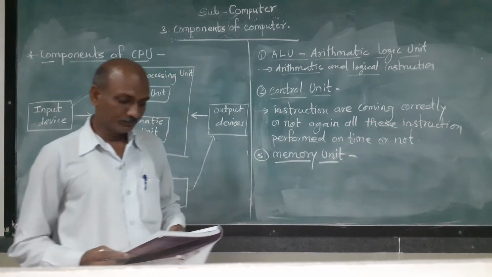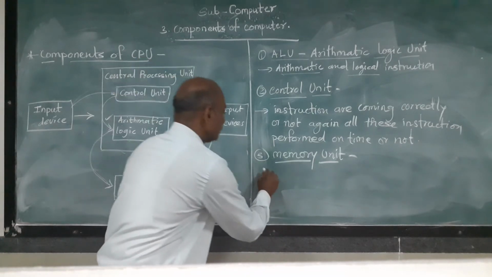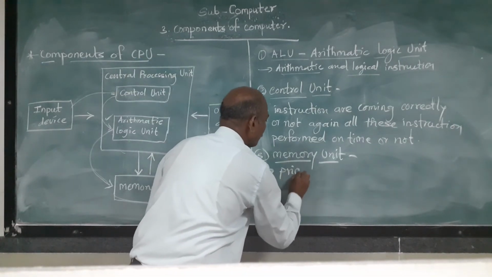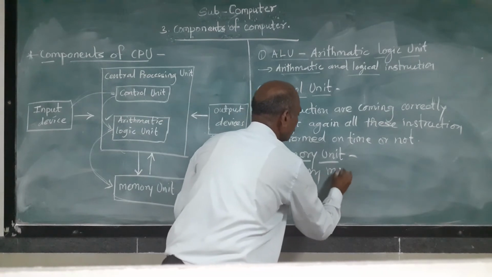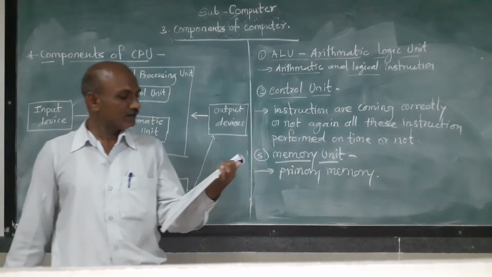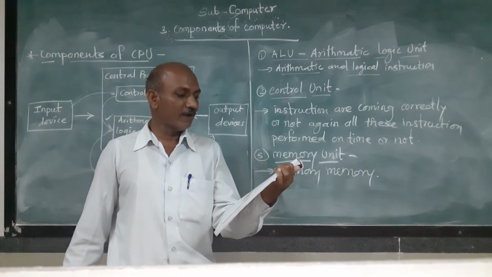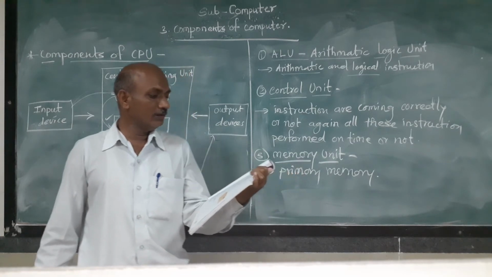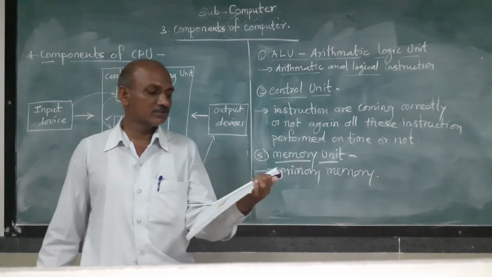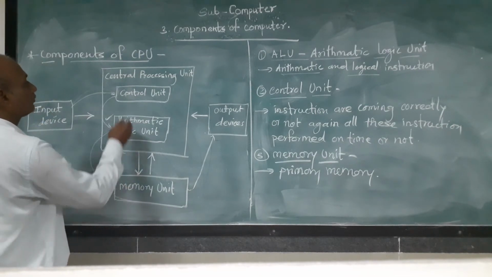Third point, memory unit. This memory is also termed primary memory. The central memory or internal memory is characterized by the fact that it is the only memory which is in direct contact with the CPU.